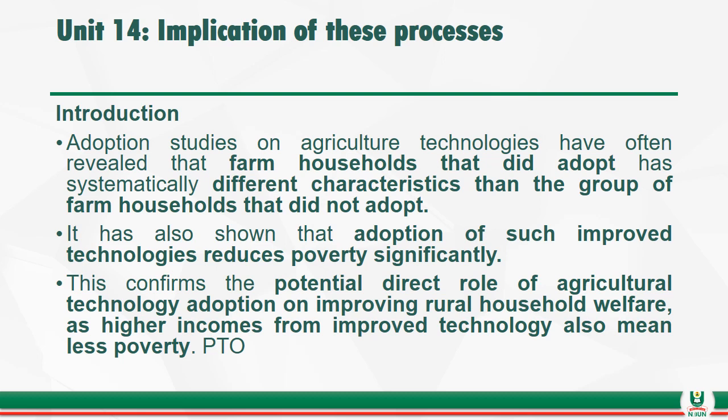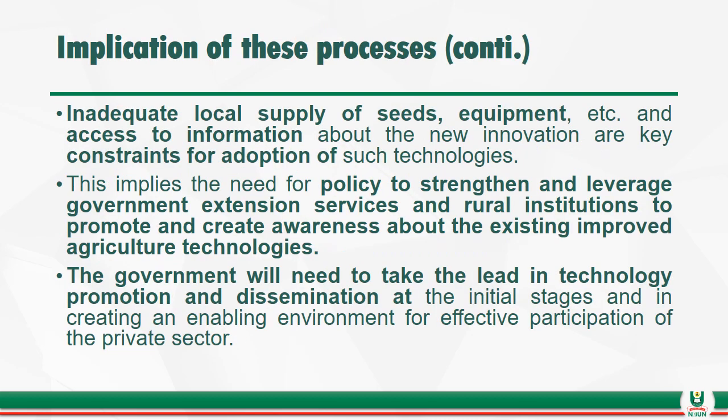This confirms or underscores the potential direct role of agricultural technology adoption on improved rural households' welfare, as higher incomes from improved technology also mean less poverty. Inadequate local supply of seeds, equipment, etc., and access to information about the new innovation are key constraints for adoption of such innovation.